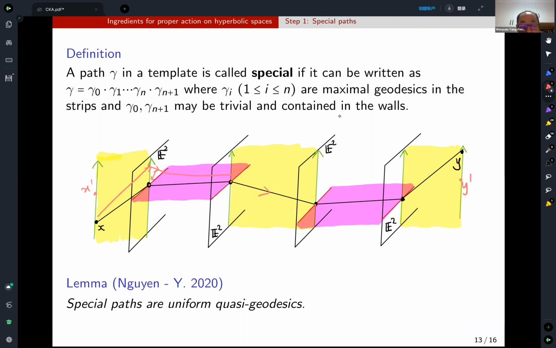So if you take a very long path, you may vary the path only in the initial two blocks and the terminal two blocks; in the middle, you don't change anything.